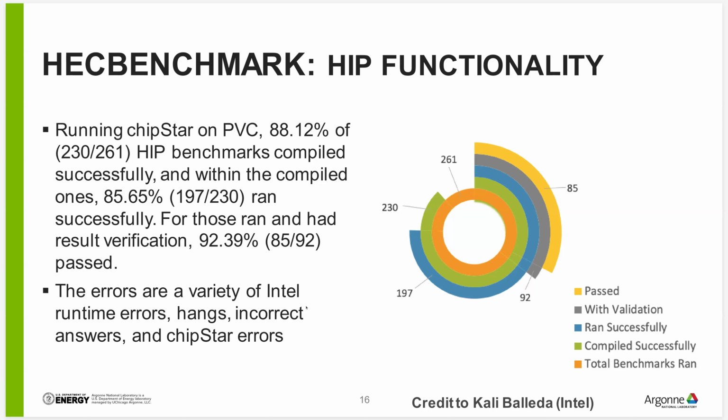The errors are Intel runtime errors that we are addressing, hangs, which are usually due to kernels with some of the problematic patterns, and incorrect answers, which may be due to race conditions or kernels that do not respect the supported semantics on Intel GPUs.